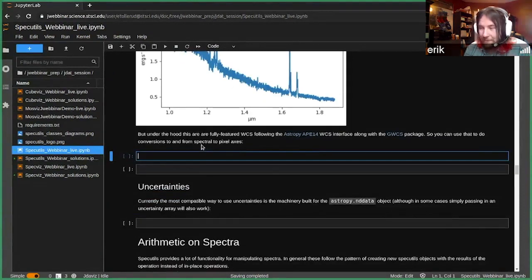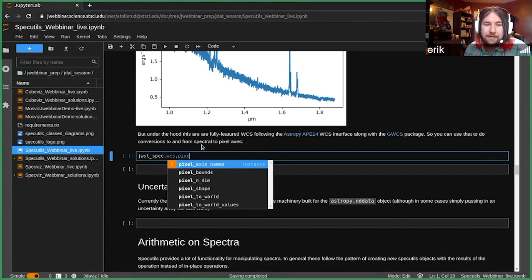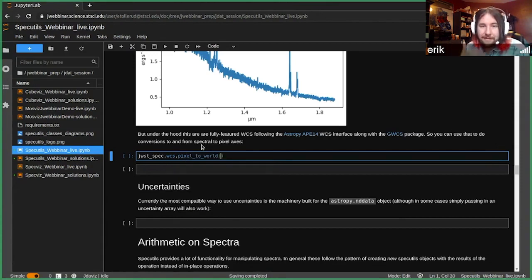Right. So the other thing to highlight about spectral access and the way these attributes are handled here is that in addition to this sort of array-like approach that I've been showing you, also embedded in these Spectrum 1D objects is the WCS, the World Coordinate System, which you can think of as just an easy way to do the pixel to world, which in this case, is wavelength conversions.